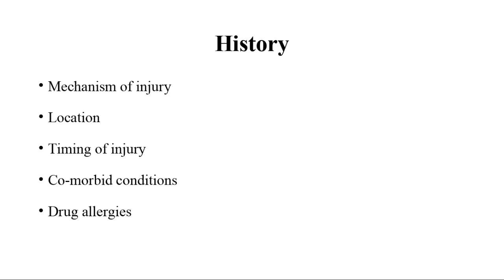Okay, the location of the injury. Since we are now really talking about musculoskeletal problems, and by that I mean fractures, if the mechanism of injury involves, let's say, the joint, well, you do know the importance of the joint.